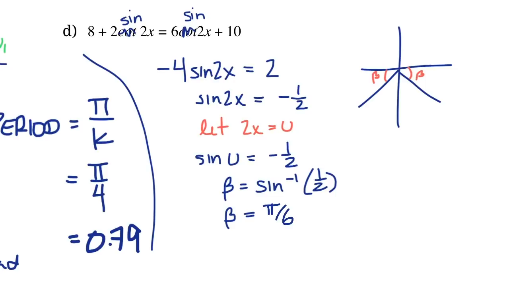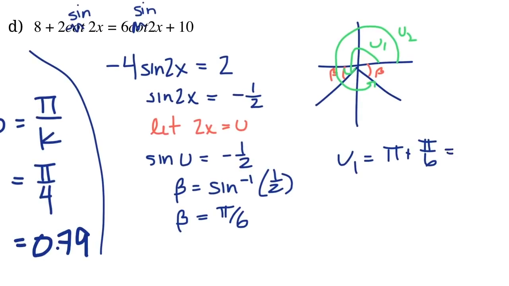So if beta equals pi by 6, can we find our solutions? Can we find our u1, our first solution, and u2? Yeah, we can. u1 is just going to equal pi plus pi by 6, because it's just going around, which is the angle 7 pi by 6.